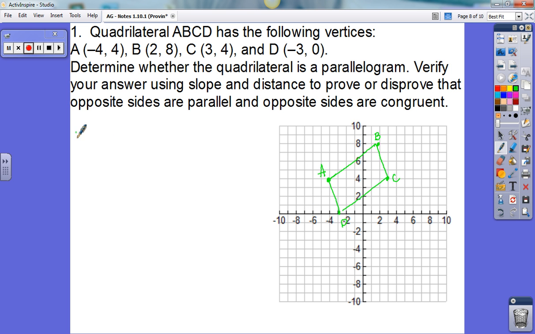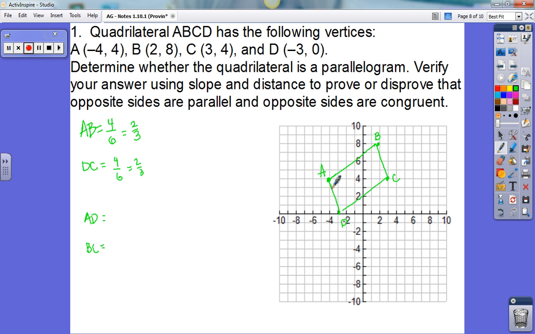So I'm going to look at slope first. The slope of AB, if I do rise over run, is 1, 2, 3, 4 over 1, 2, 3, 4, 5, 6, so 4 over 6. And then it should be the same as DC. DC is 1, 2, 3, 4 over 1, 2, 3, 4, 5, 6. Alright, let's check AD and BC.